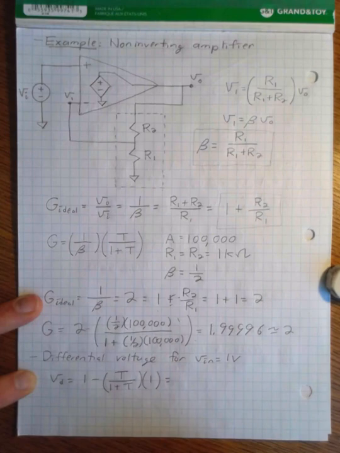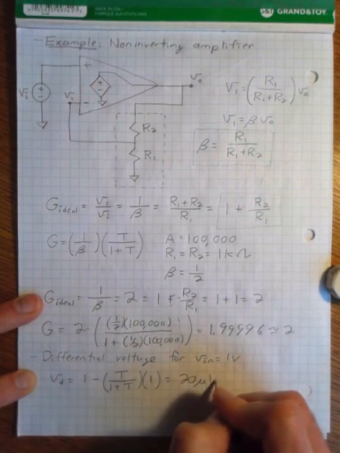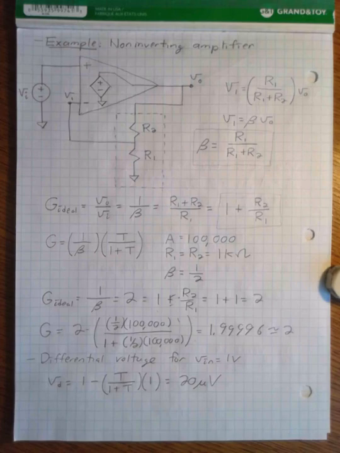And if we plug in the value for T, we get a value here of 20 microvolts. And so very small, right? Quite small compared to the 1 volt input. So you can see where this V1 equals V2 assumption comes from, but it's not 0. 20 microvolts is certainly very measurable.